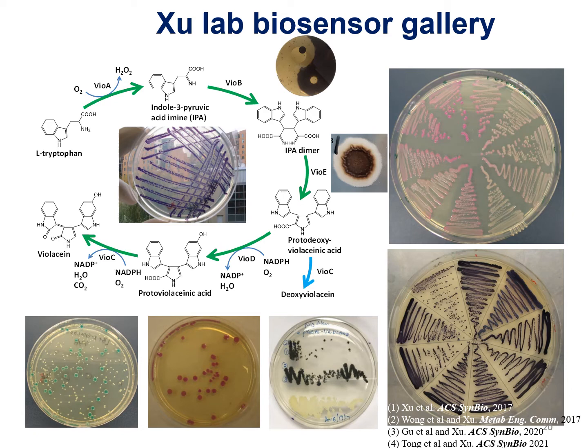So this kind of sensor could be very important for us to probe the cellular state, which allows us to interface or connect the internal gene expression with the external environmental stimuli. This kind of bridge can tell us or represent the cellular states.